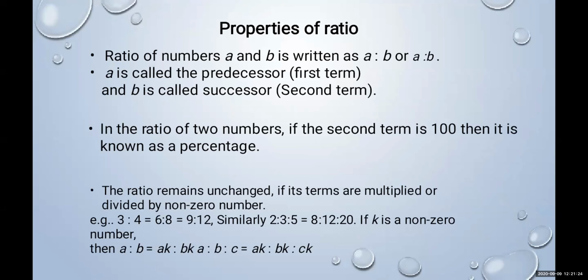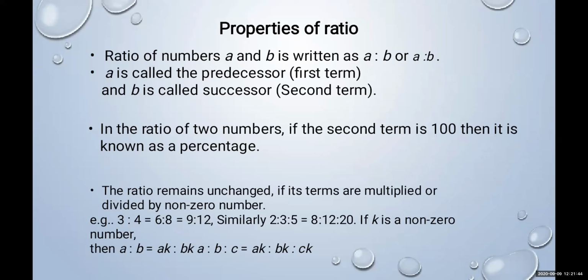Now, what are the properties? The ratio of numbers A and B is written as A as to B or B as to A. Numerator, denominator, whatever it is, the ratio is in that form.